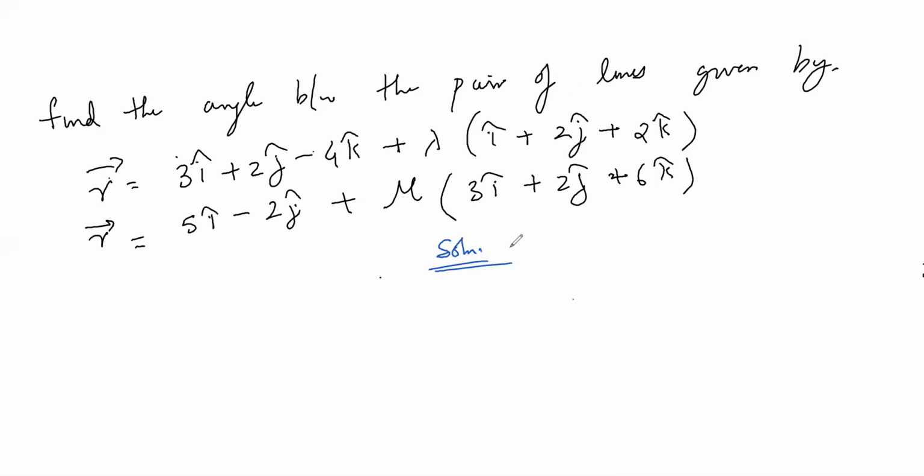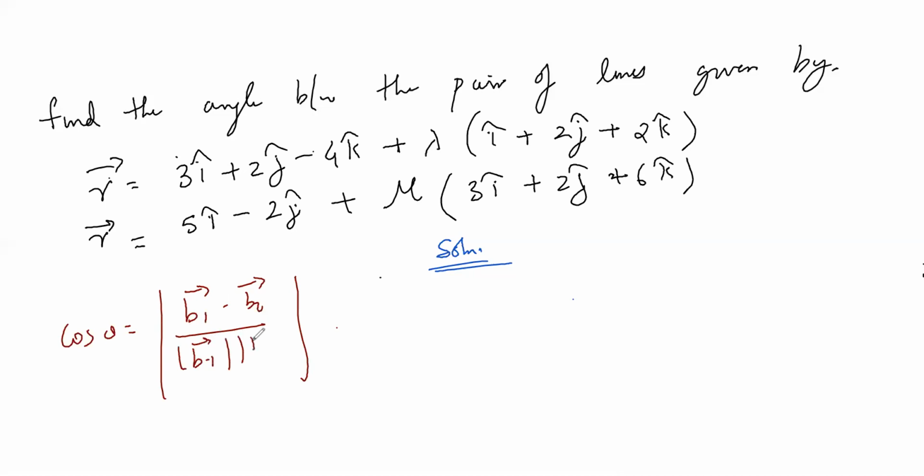Angle between, we have only one formula. Cos theta is equal to the mod, in the sense of positive value, of b1 dot b2 divided by mod of b1 vector into mod of b2 vector respectively. So we have to know what b1 and b2 are.